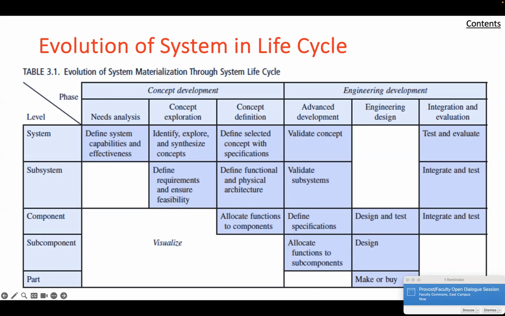This can be understood from the fact that the selection of the specific system concept requires a realistic estimate of the cost to develop and produce it, which in turn requires a visualization of the general physical implementation as well as the functionality. In fact, it is essential to have at least a general vision of the physical embodiment of the system functions during even the earliest investigation of technical feasibility.